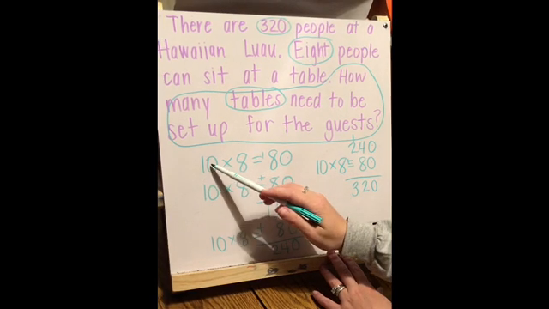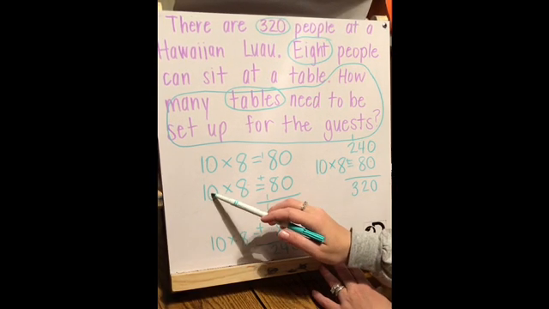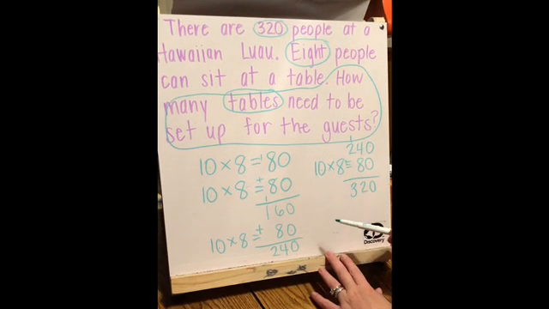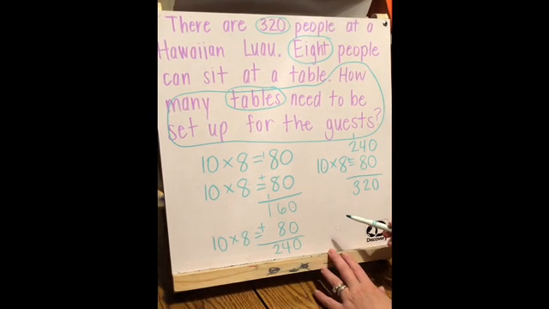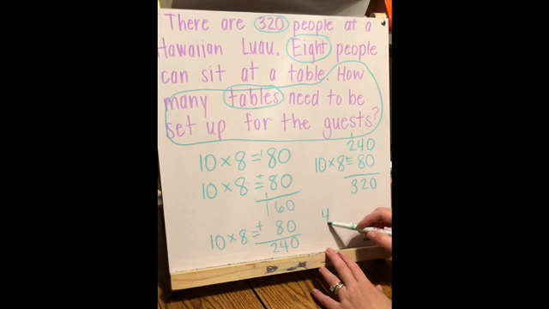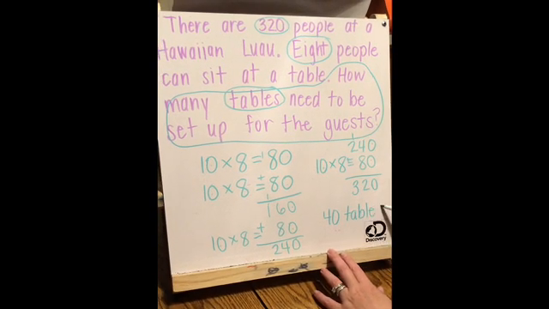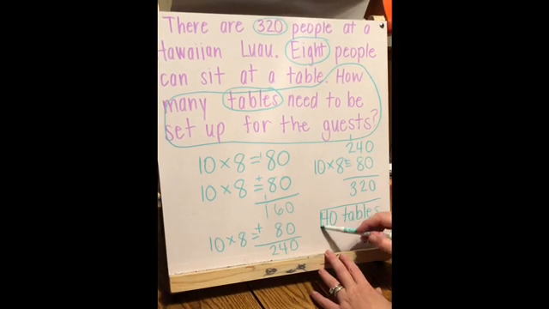So here we had 10 tables, plus another 10 tables, plus another 10 tables, plus another 10 tables. So 10 plus 10 plus 10 plus 10 will give us 40 tables. We would need 40 tables set up for the guests.